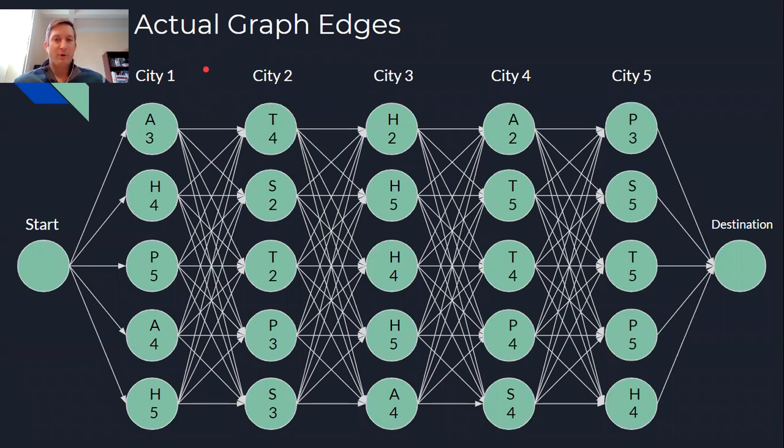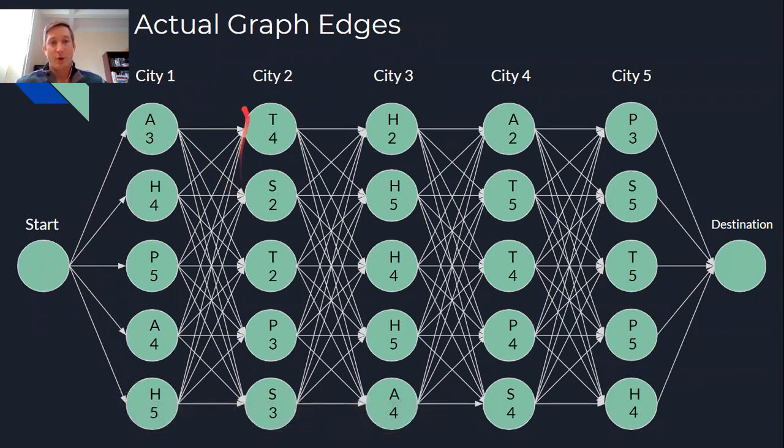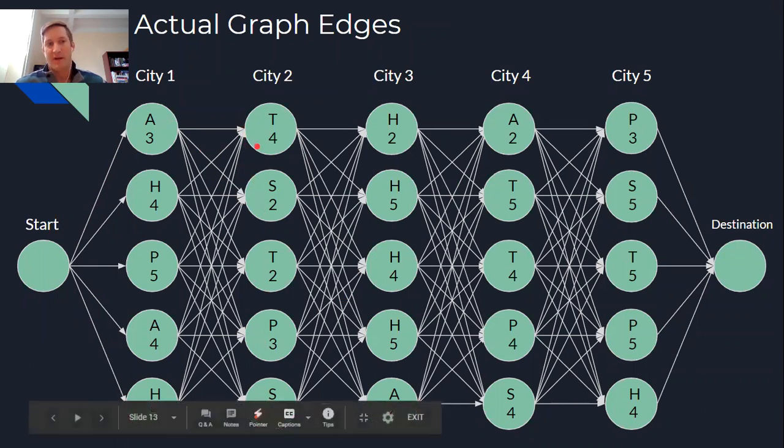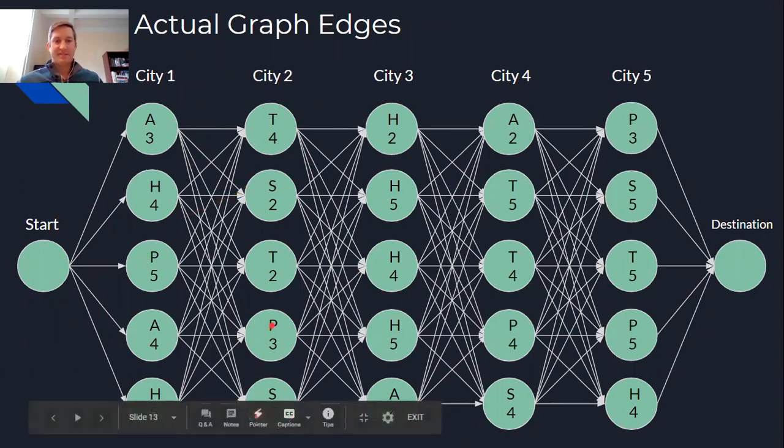So this is what the actual graph looks like, a visualization of it when it's made. You have your starting vertex, and then there's a directed edge going to each of the vertices in that first layer. Then each vertex has an edge going to each of the vertices in the following layer, because no matter which location you select in that first layer, you can still reach any of the vertices in the next layer, all the way until your end destination.